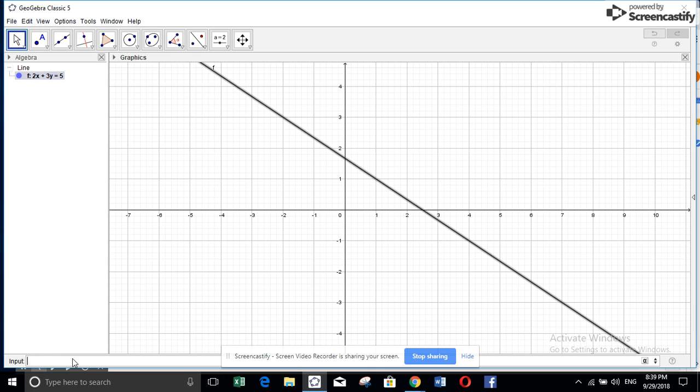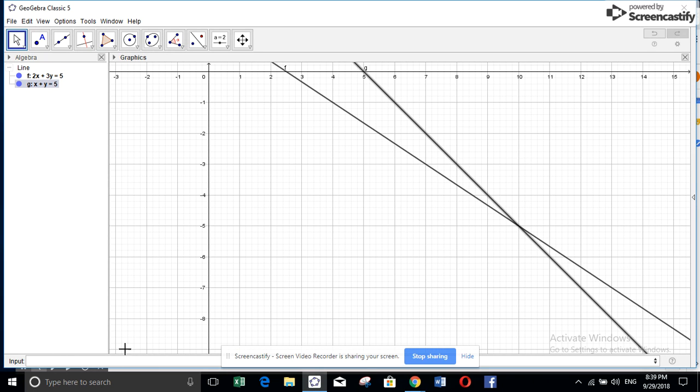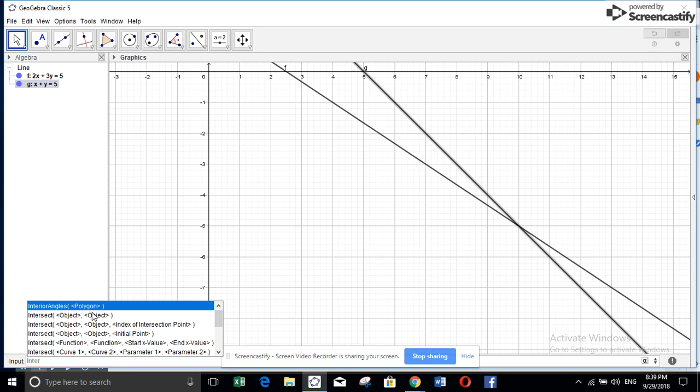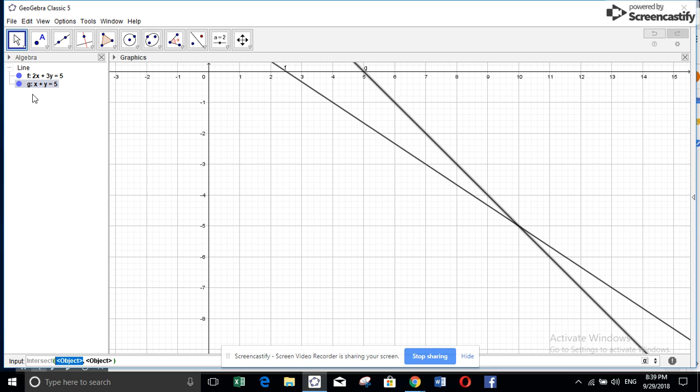This is the first line. The second line is x plus y equals 5. As we can see, we have a point of intersection. To find the intersection, we write intersection between object and object. The first one is f, and the second one is g. And the point of intersection that we found was 10, minus 5.